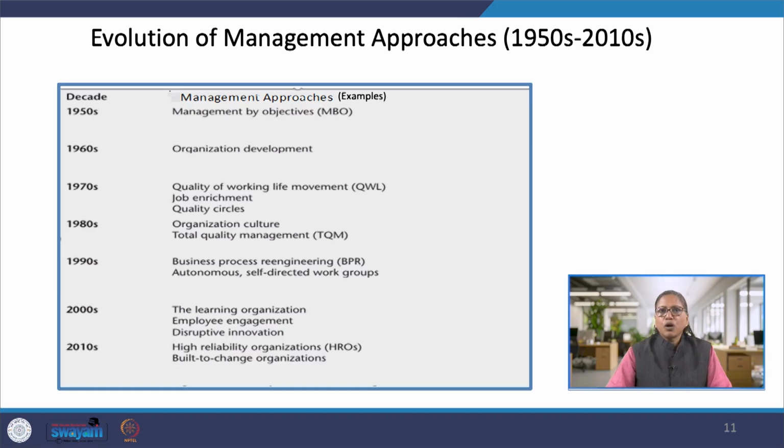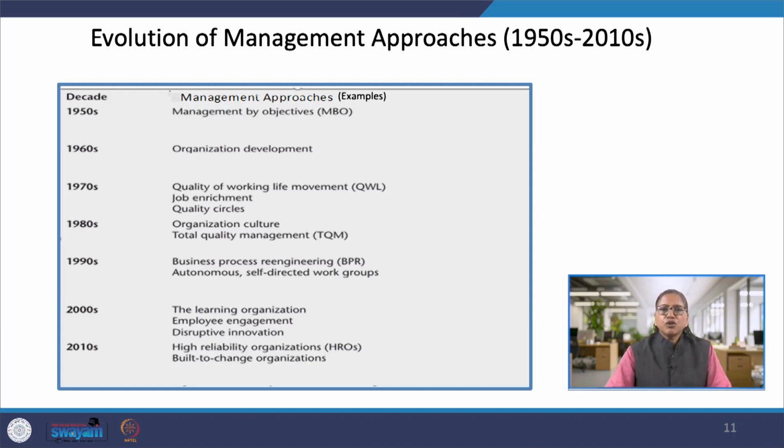The 1970s focused on the quality of work-life movement, job enrichment, and quality circles. In the 1980s, the concern was organizational culture, total quality management, and the International Organization for Standardization, whose 9000 series, ISO 9000, became a dominant view during the 1980s. The 1990s focused on business process reengineering, autonomous self-directed work groups, high performance organizations, and lean manufacturing.